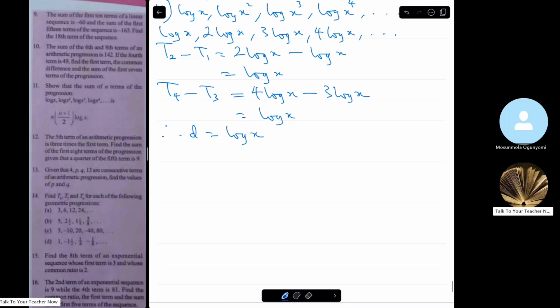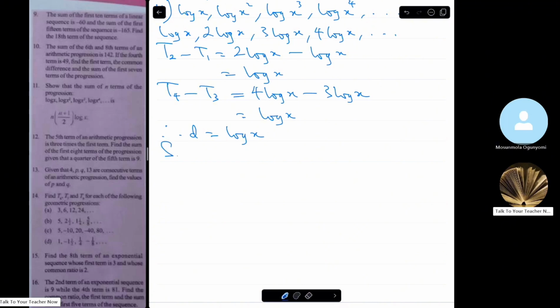So how do we now show that the sum of n terms is that? Since we have already found the common difference, the examiner already knows that the progression is an arithmetic progression. So we can now find Sn.